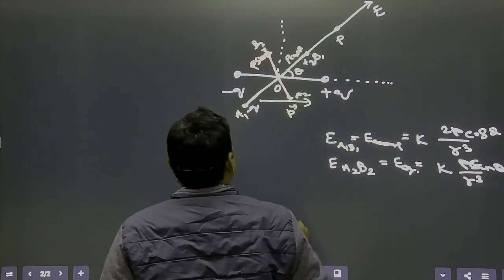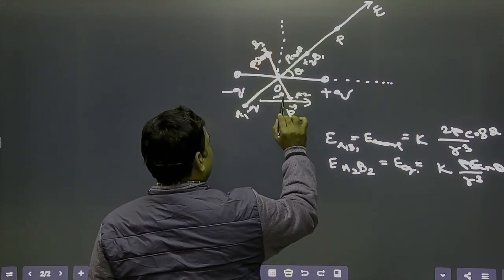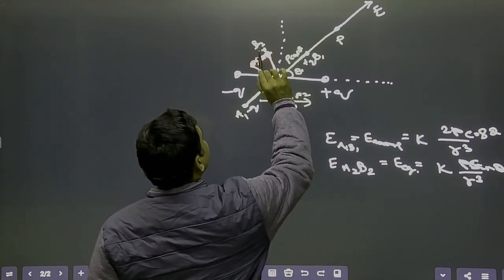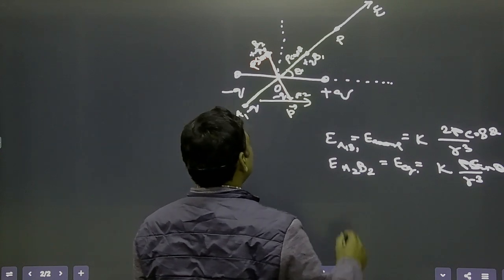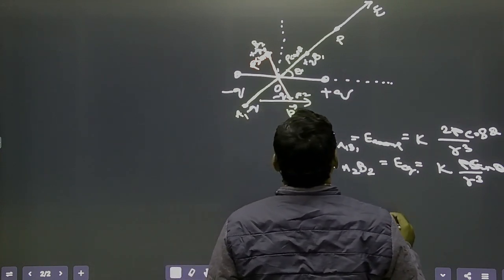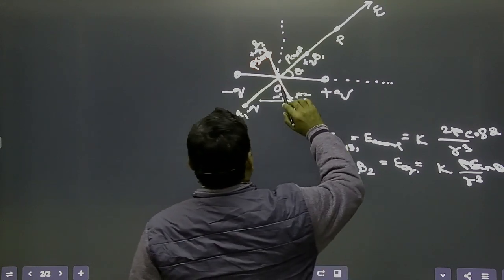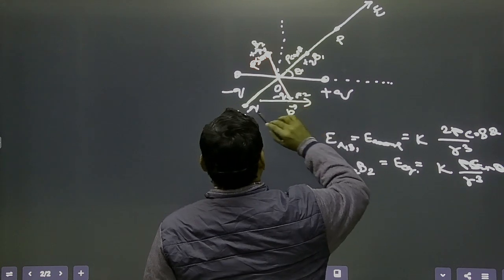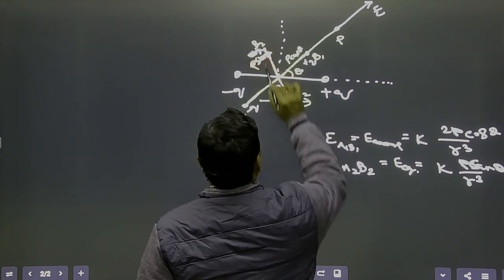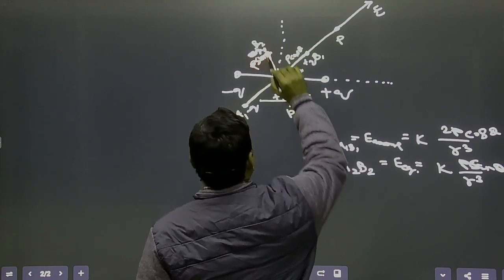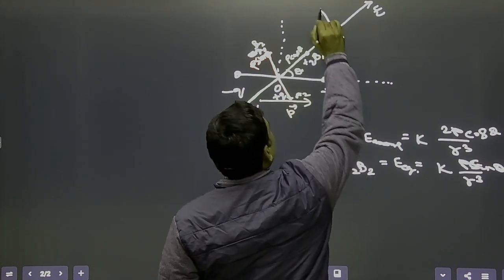Now, what will be the direction of the electric field intensity due to the equatorial component? It is parallel to the dipole moment direction but opposite, so it will be like this.